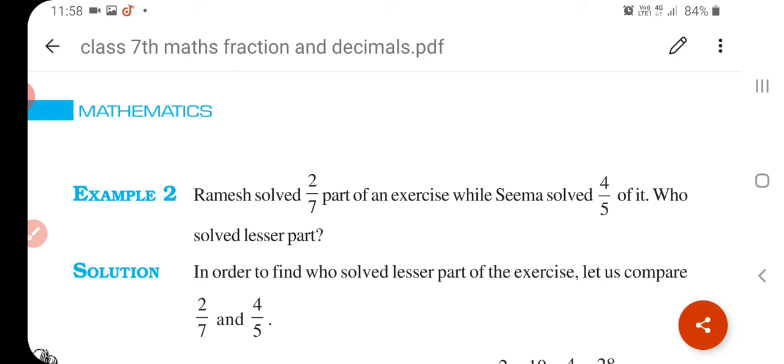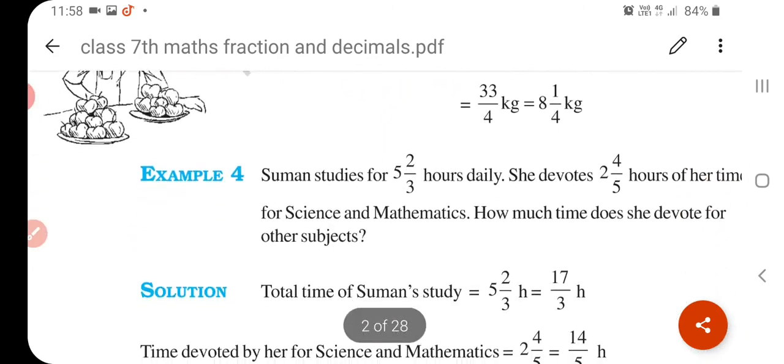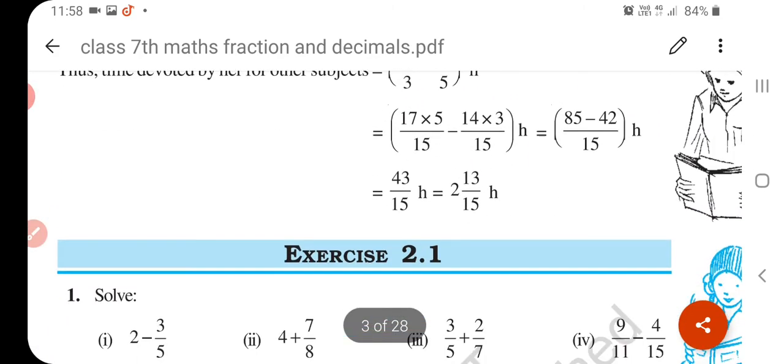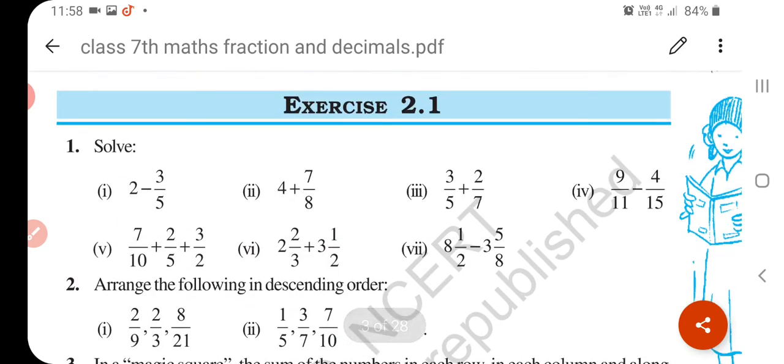Okay, now if you want to add or subtract two fractions, then what do you do? See, if we want to find the addition and subtraction of fractions, then first of all we have to convert them into like fractions.